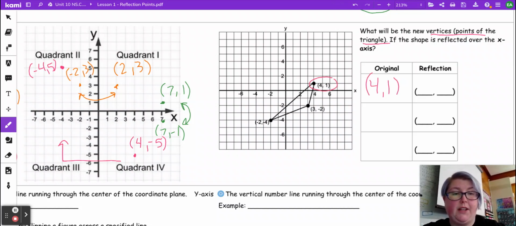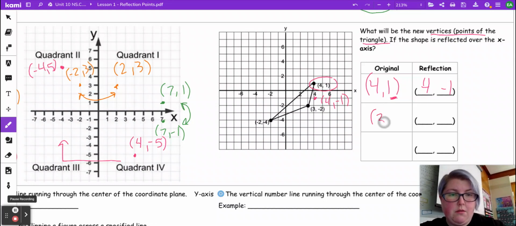We're going to reflect over the X, so that Y changes to (4, -1). So that will go down there as (4, -1). Right, our next point, so that would be (3, -2). We are going to flip the Y, so that becomes (3, 2) up here in quadrant 1.